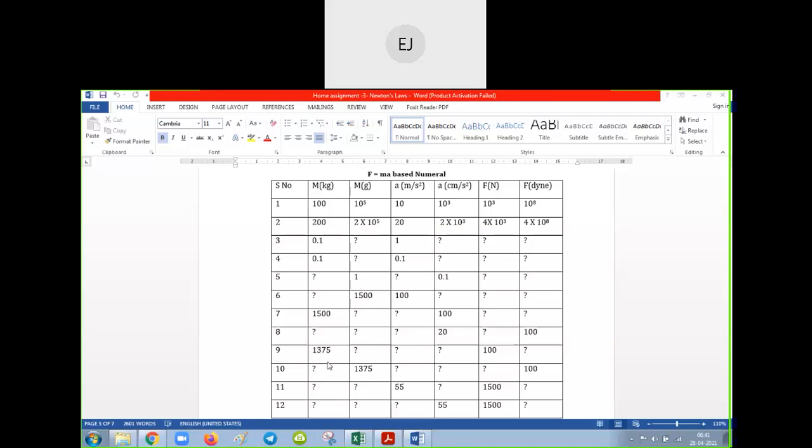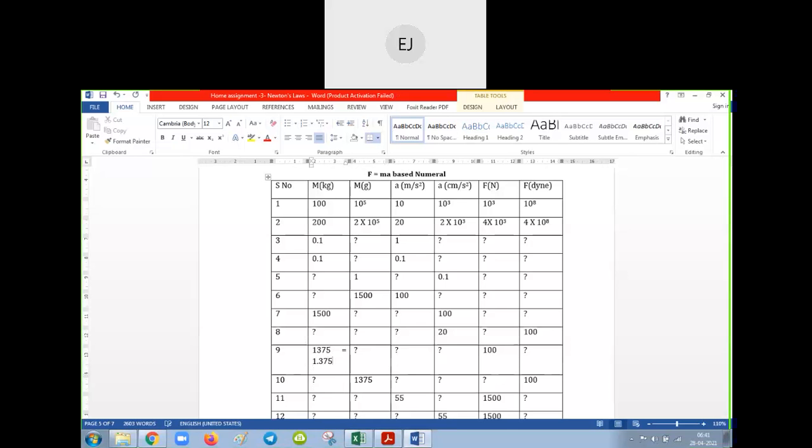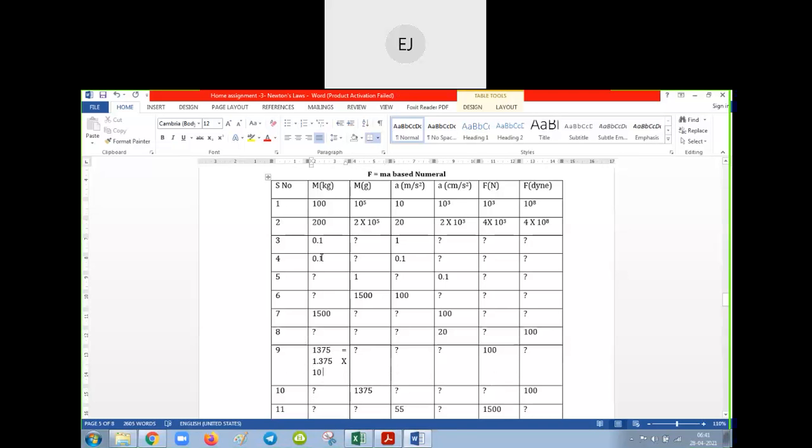In the ninth one, kg is given, so you have to convert it into grams. First, convert 1375 into standard form, which is nothing but 1.375 into 10 power 3. Next, to convert to grams you multiply by 10 power 3.